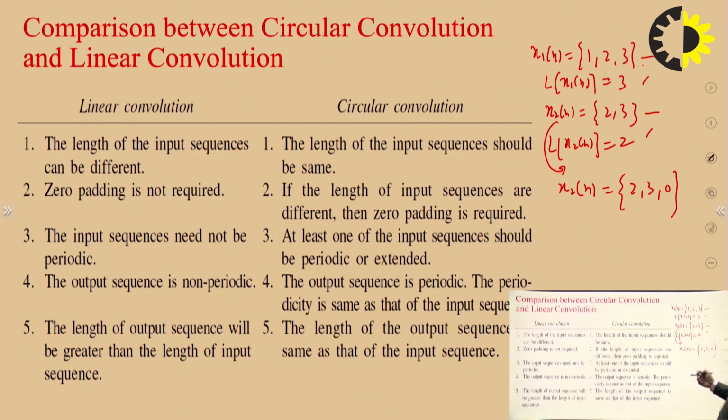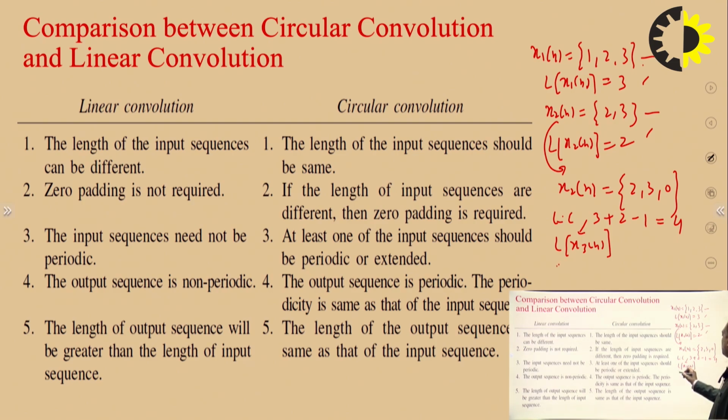For linear convolution, the length of the output sequence will be 3 plus 2 minus 1. This is the length of x3[n], our convolved sequence, which equals 4.